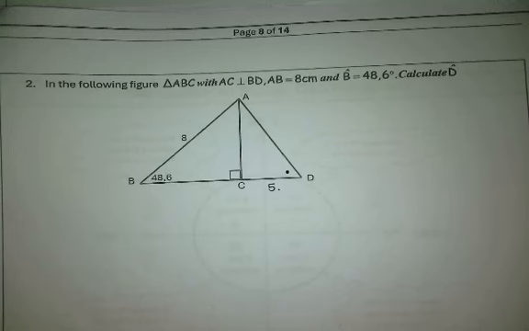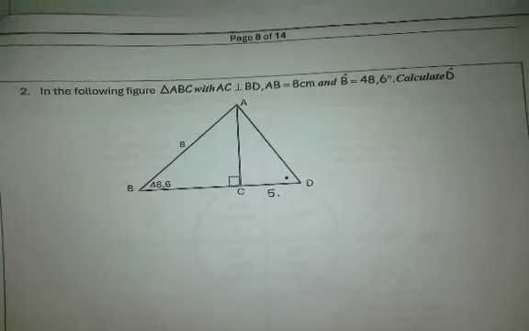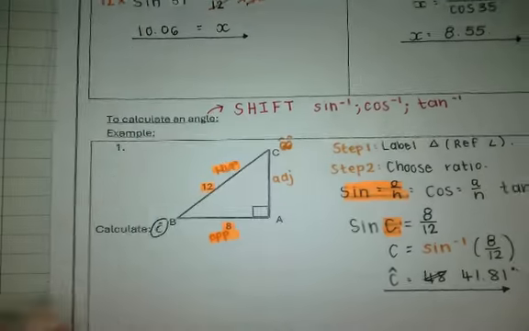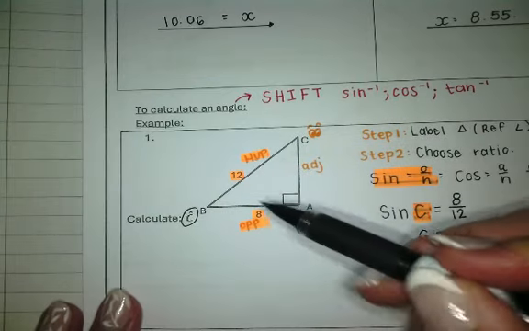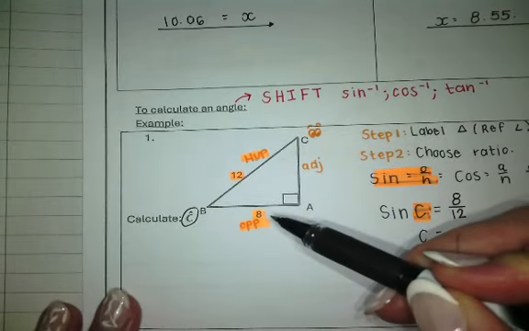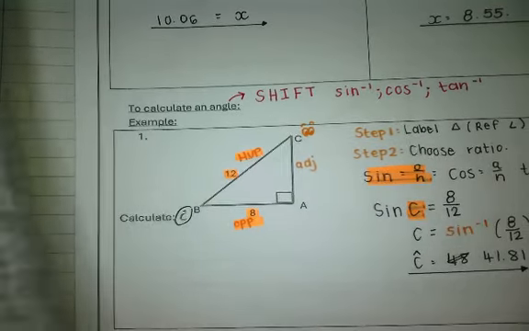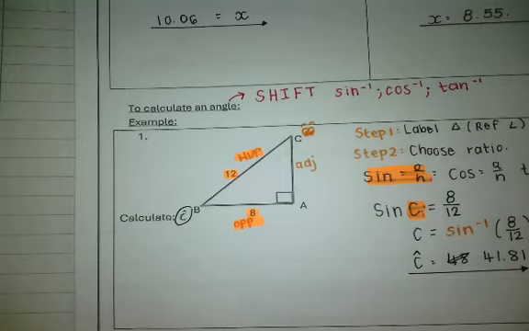Now remember, in order for us to calculate an angle, what do we need? Let's go back to what we just did previously. In order for us to calculate an angle, we need at least 2 sides. Are you with me?